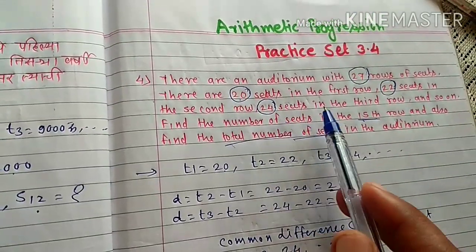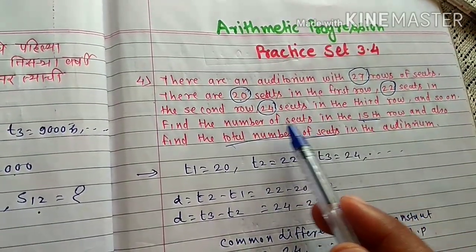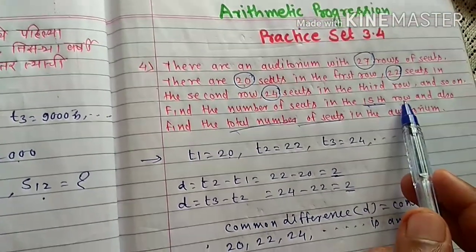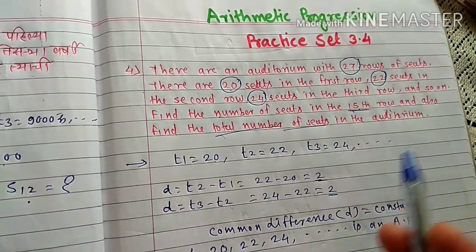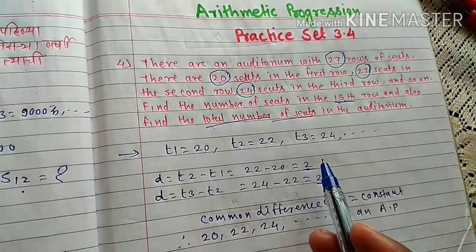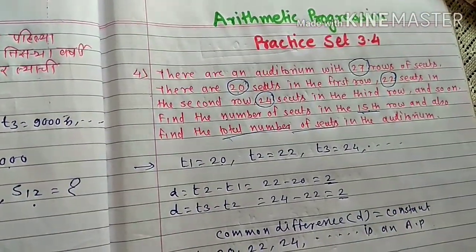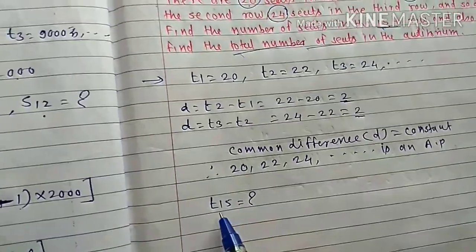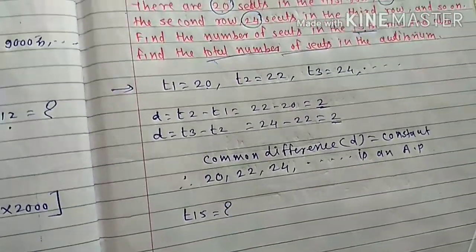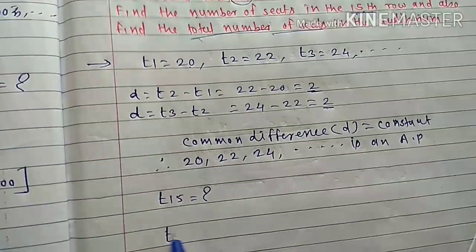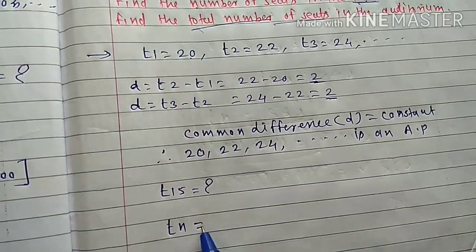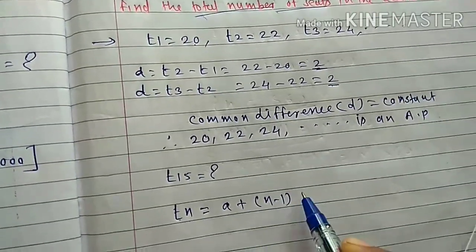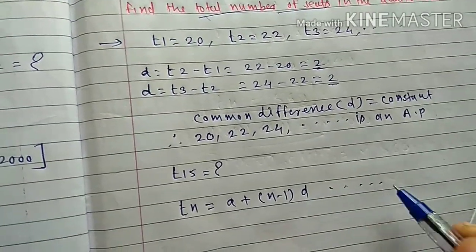We have to find the number of seats in the 15th row. So we have to find T15. To find T15, which formula do we use? We apply the formula Tn is equal to a plus n minus 1 into d.